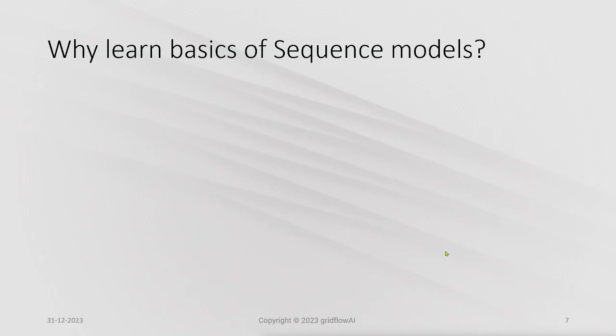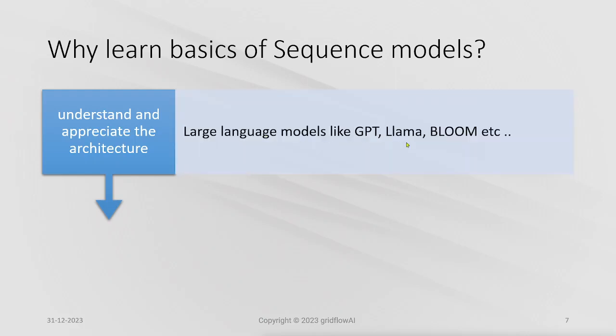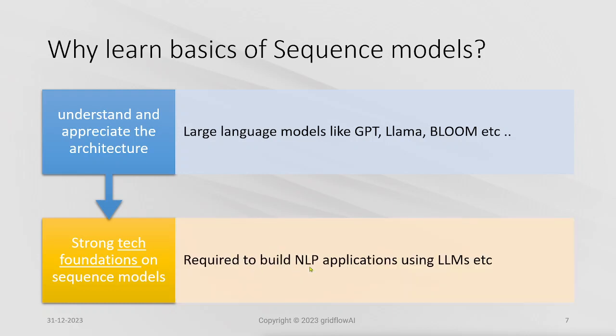The reason we should learn the basics of sequence models is to appreciate the finer aspects of large language models, let's say GPT, Llama, and Bloom. And we need a strong technical foundation in sequence models in order to build modern-day text-based applications using LLMs.